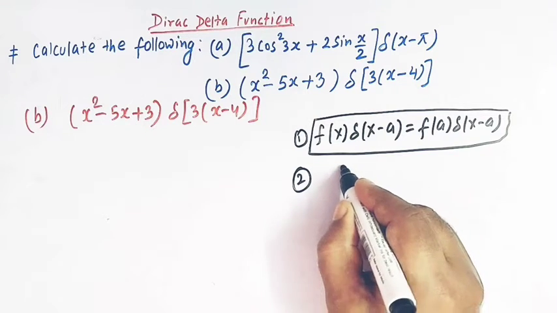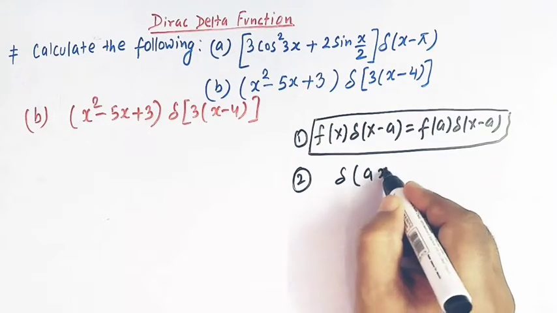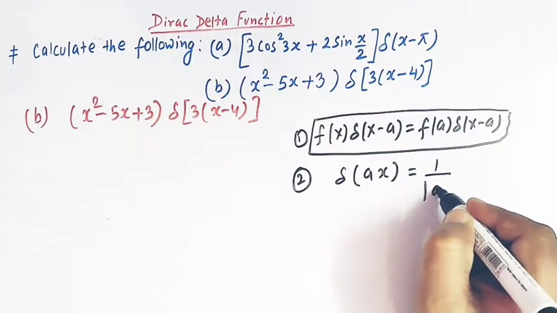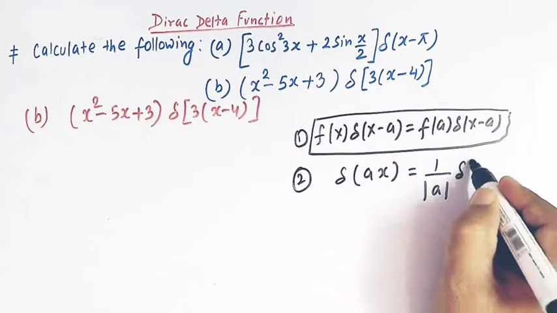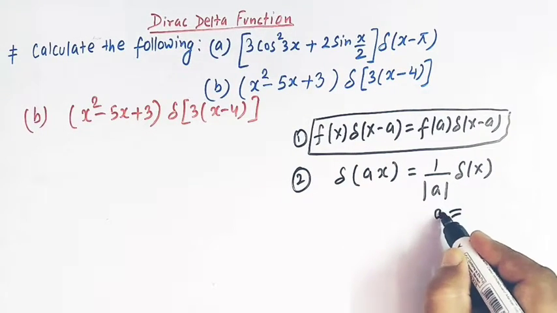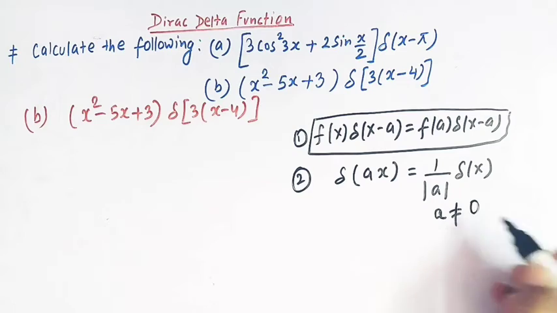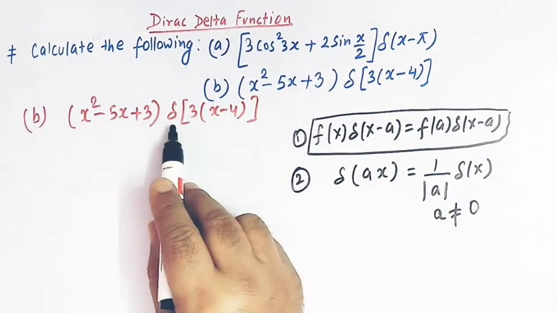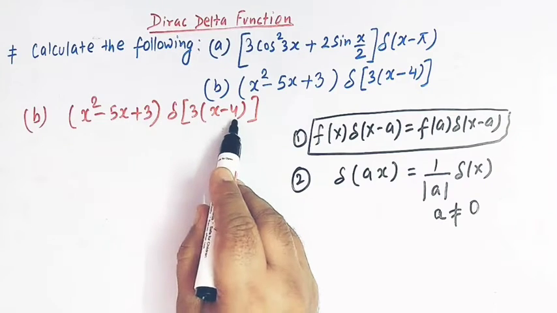Then we'll make use of this important property of the Dirac delta function, that is delta of ax is equal to 1 over the absolute value of a, and here we have delta of x, right, where a is not equal to 0. See, here we have delta of 3 times x minus 4.